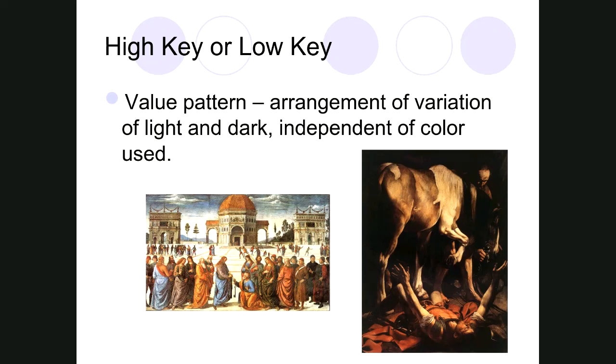Now, up until the Renaissance, through most of the Renaissance, that's all that they painted, high key compositions for the most part. Why? I think because they were trying to match reality so much, and that's when they could see things clearly, so they made most things look like it was daylight outside.